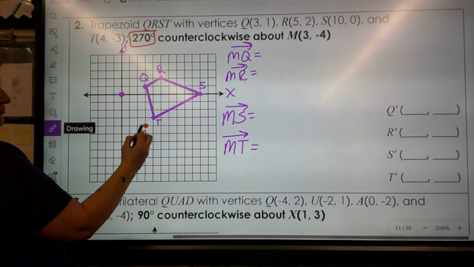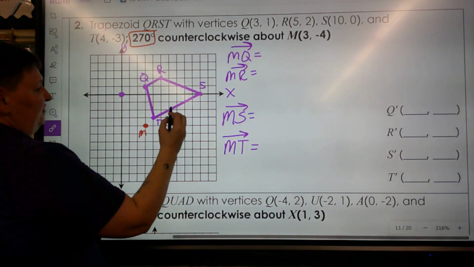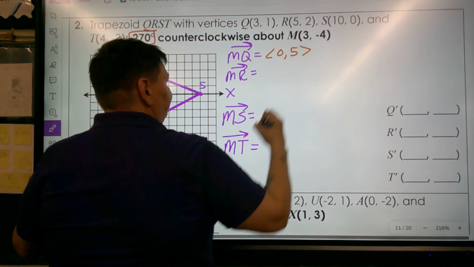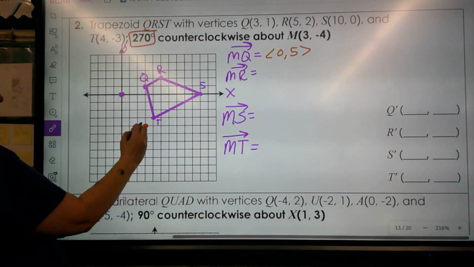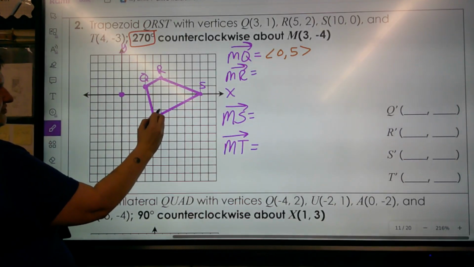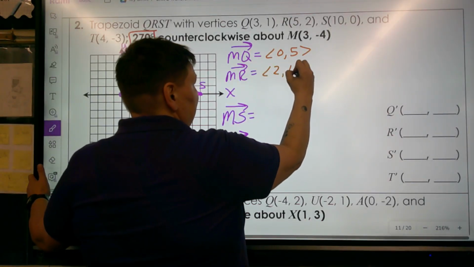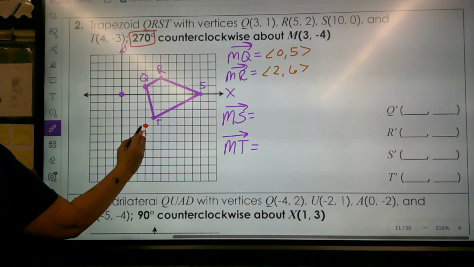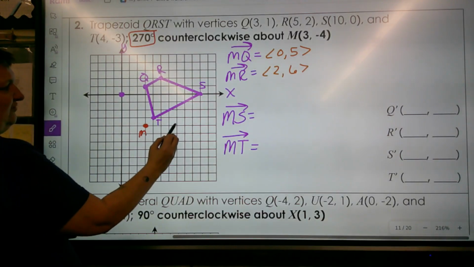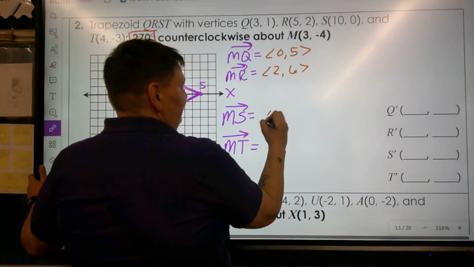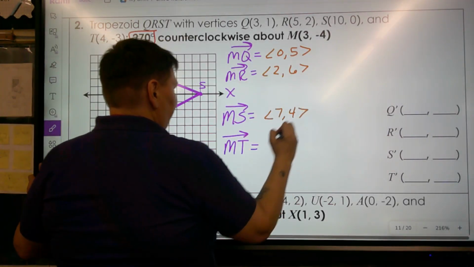All right, so from M to Q, we went no left or right, and we went up 5. For M to R, we went 2 right, 1, 2, 3, 4, 5, 6 up. 2 right, 6 up. To S, we went 7 right, 4 up.